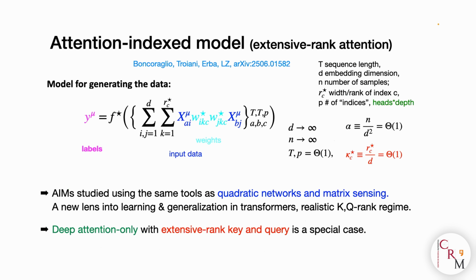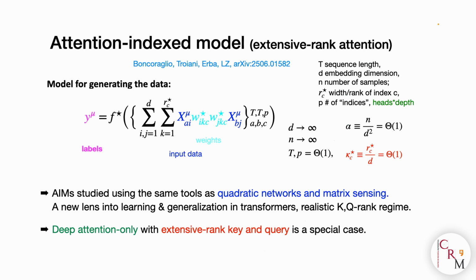In order to do that, we introduce this attention index model. Again, it's a variant of the multi-index model. But now the index is not just a projection of the data in a few directions, it's a quadratic form. It's not a linear form, it's a quadratic form.